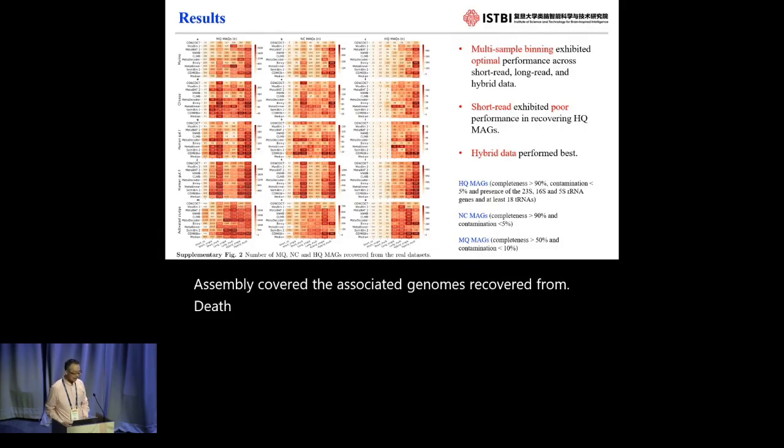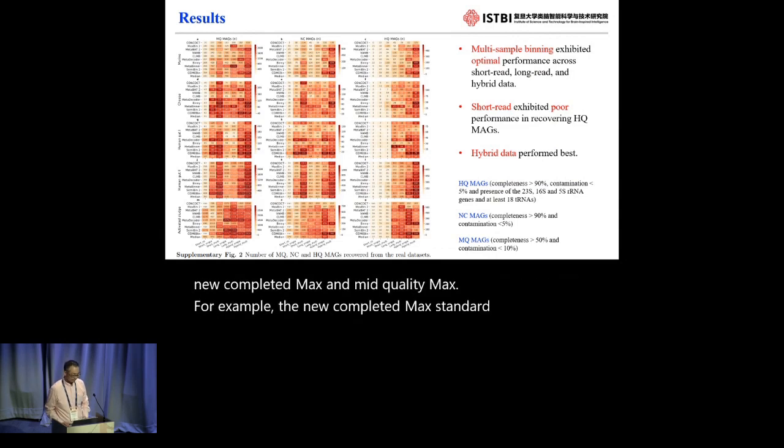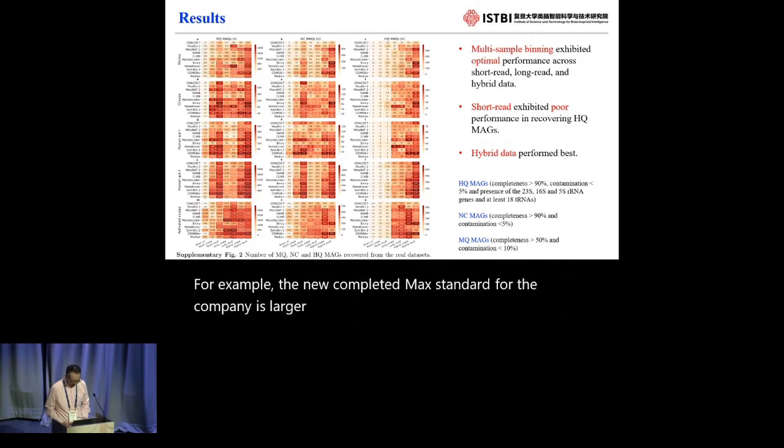We focus on 3 types of MAGs: high-quality MAGs, near-complete MAGs, and medium-quality MAGs. For example, the near-complete MAGs standard for completeness is larger than 90% and contamination less than 5%.